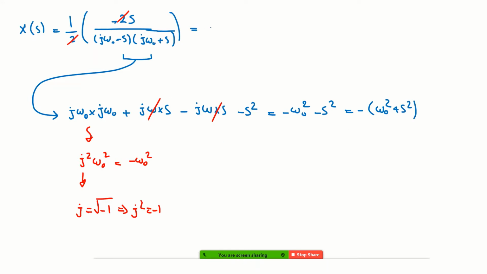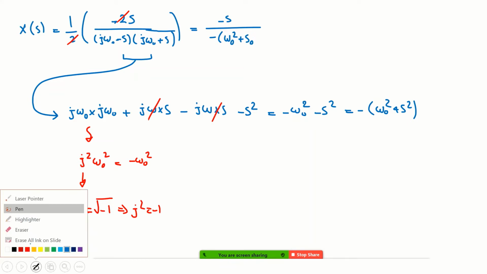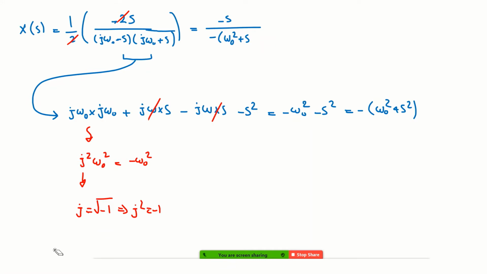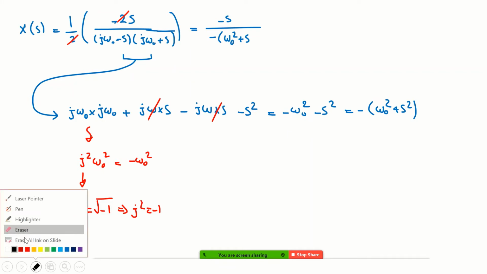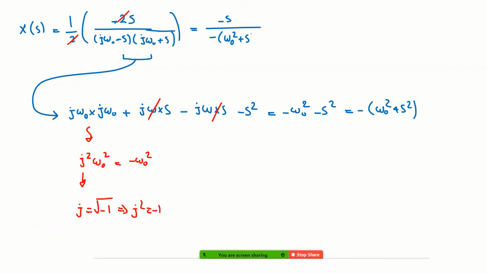So I replace everything here. We have minus s over, in the denominator, minus omega 0 squared minus s squared, sorry, this is s squared.